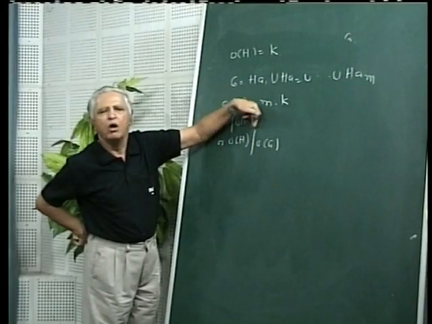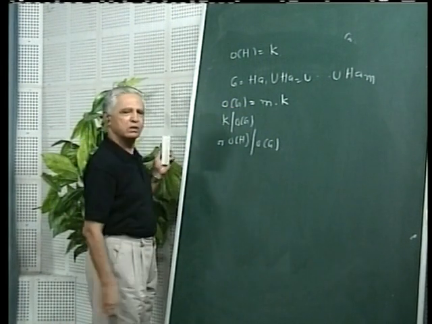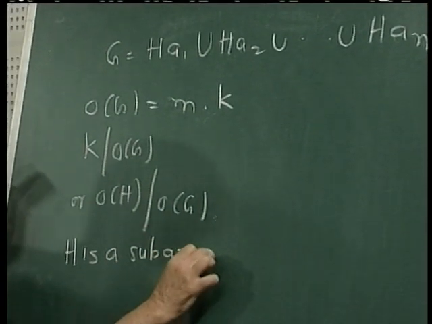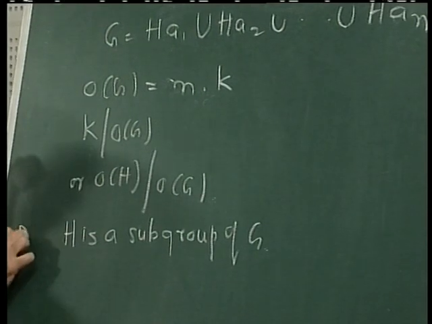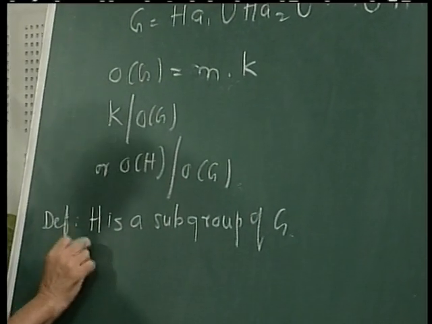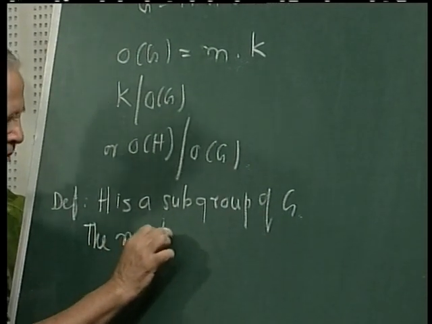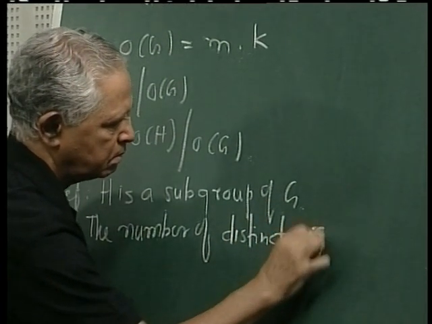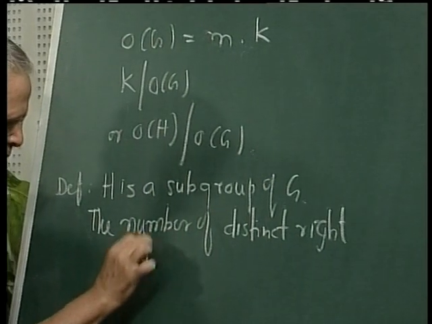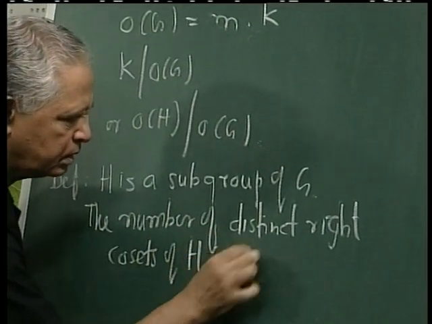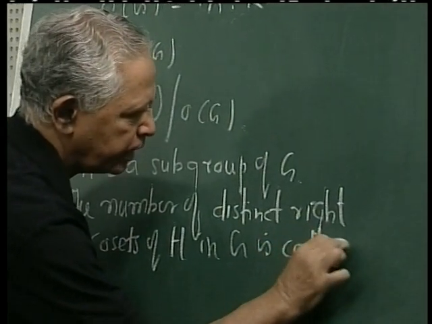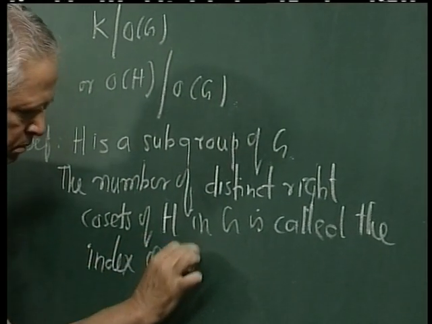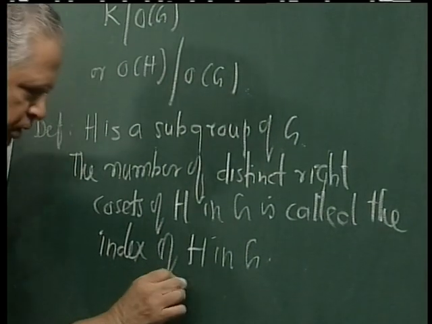And this leads to one definition, that suppose H is a subgroup of G. Then the number of distinct right cosets of H in G is called the index of H in G, and we denote it by the notation i_G(H).